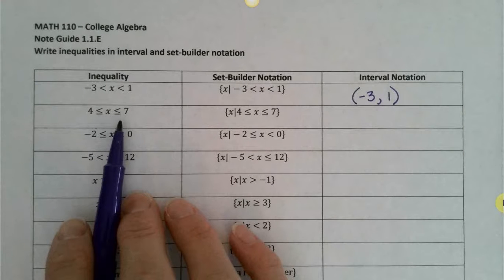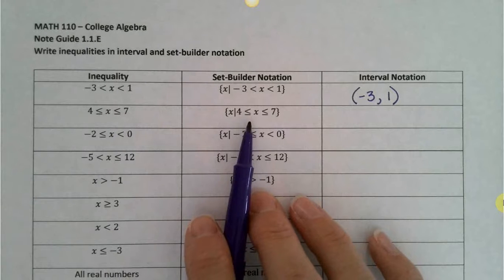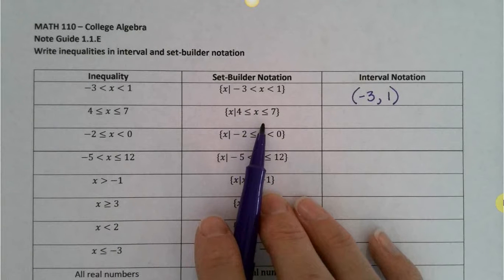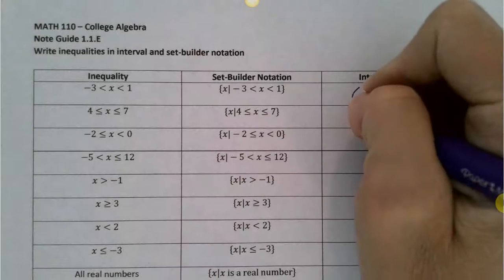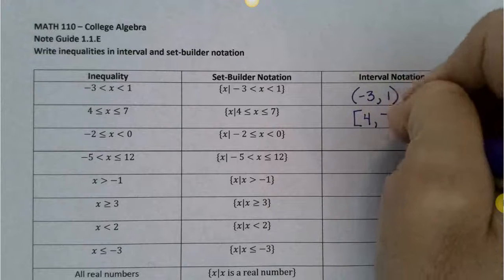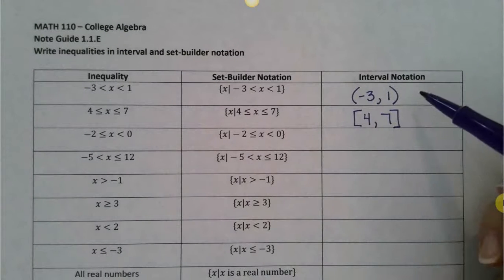So we're talking about all the numbers in between 4 and 7 on our number line, including 4 and 7. So again, our set builder notation would just be the set of all x such that 4 is less than or equal to x is less than or equal to 7. But now for our interval notation, this would be bracket 4, comma 7, bracket. So notice the difference between these two.